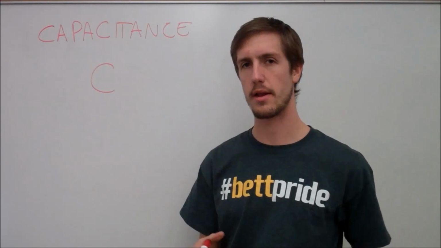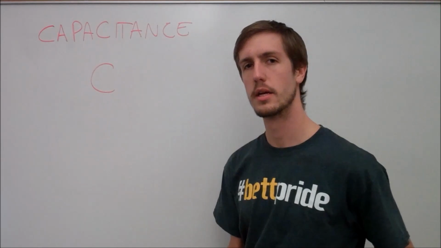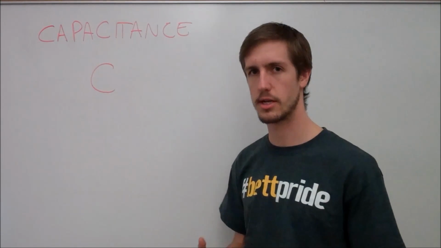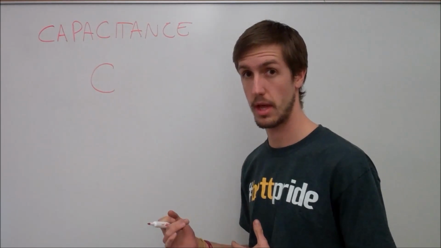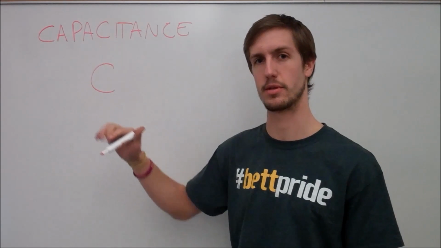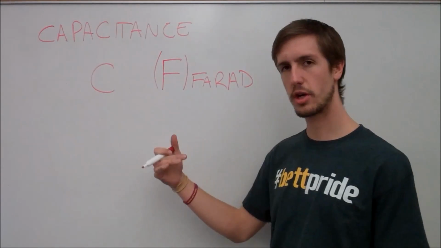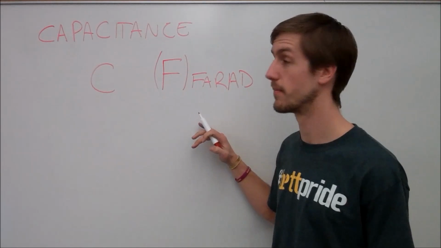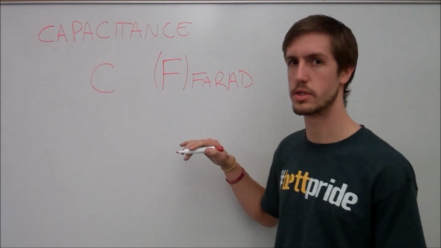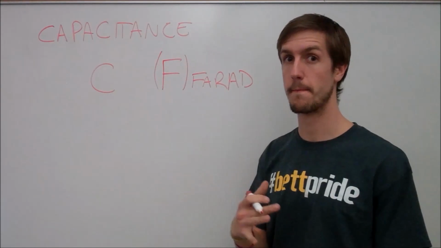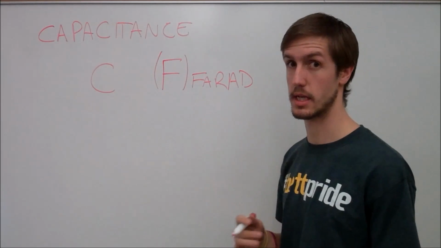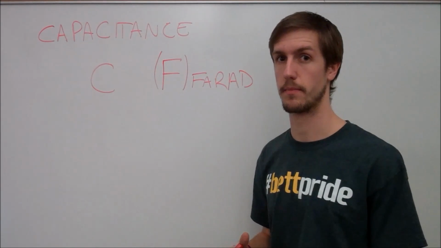So now we've talked about kind of the conceptual background behind it. Let's get into our formulas. A capacitor has a certain amount of capacitance, and our variable that we're going to use in our formulas is going to be C, capital C. So we measure capacitance in farads, and rarely ever would we use an actual farad in any sort of formula, because 1 farad is a lot of charge.